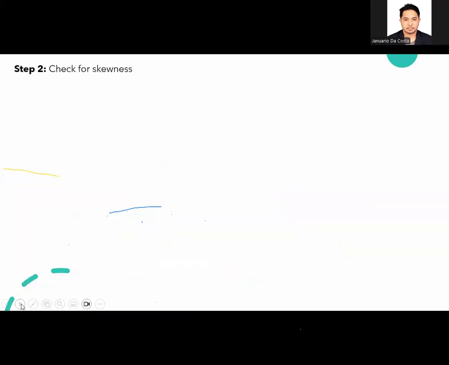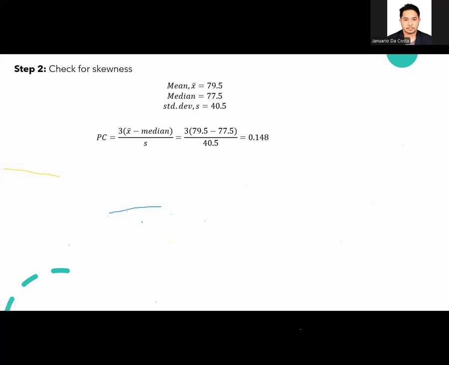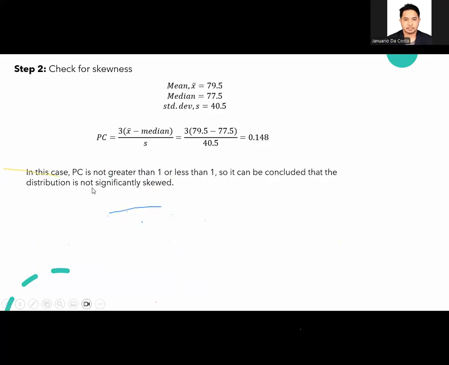Checking the skewness using Pearson's coefficient gives about 0.148. A perfect normal distribution has a coefficient of 0. In this case, it's not greater than 1 or less than -1, so it can be concluded that the distribution is not significantly skewed.